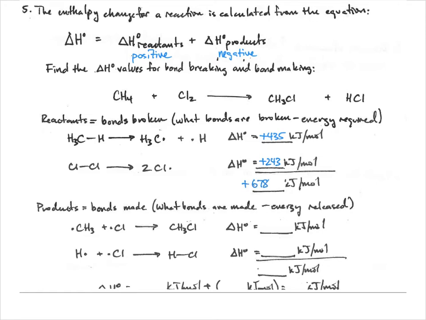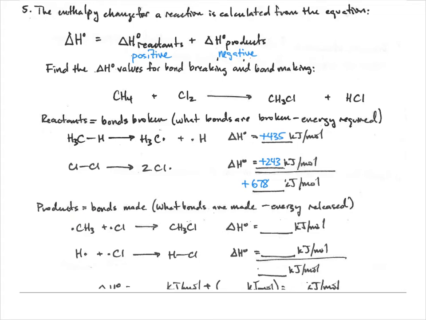So again, I want you to understand what this number is telling us. For the reactant side of this reaction, we have to put 678 kilojoules per mole of energy into the reaction to get it to move forward to form these products.